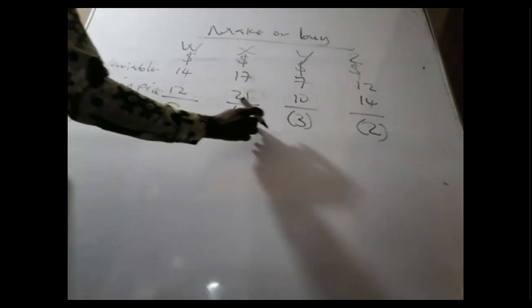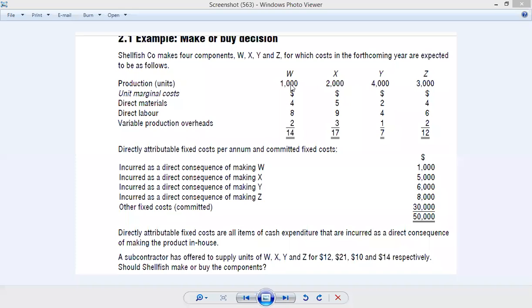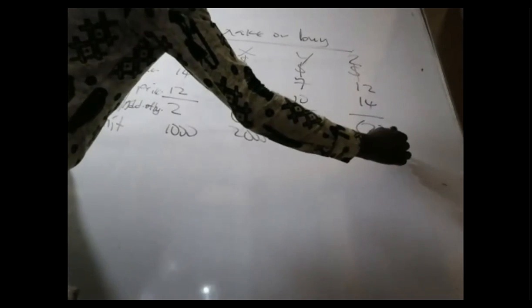Let's multiply these individual ones by the overall units. The production units for W, X, Y and Z are 1,000, 2,000, 4,000, and 3,000 in that order.